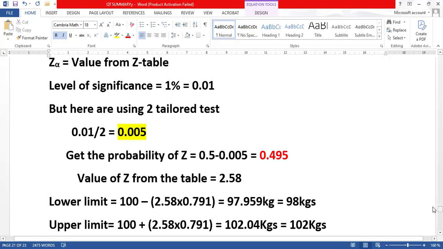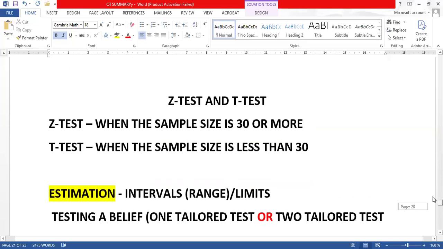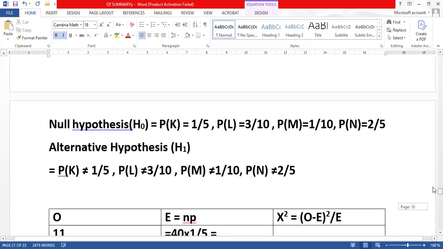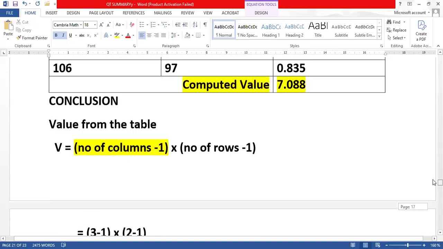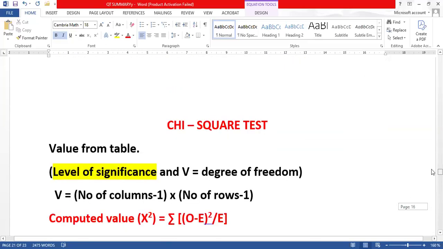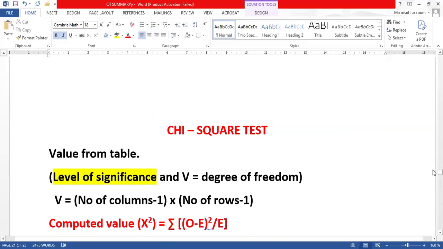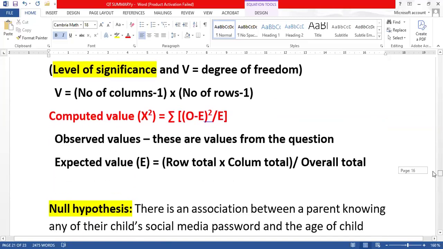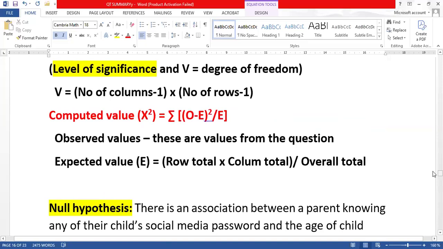If it is greater than, it means you expect all the values to be in one direction, the right side.